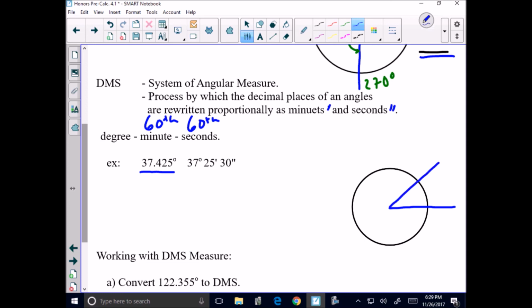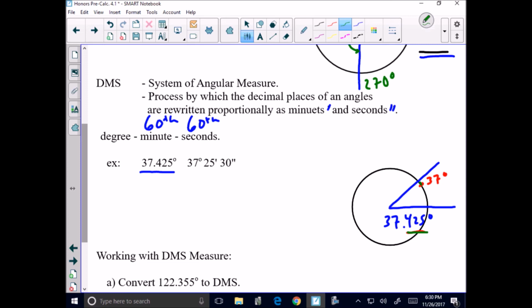So right here, if we're looking at our 37.425 degrees, we really are looking at approximately 37 degrees right there, and then that 0.425 of a degree, which we'll underline in green, is that little bit more rotation. We go past 37 degrees. And we're talking about representing that 0.425 in units that are base 60.